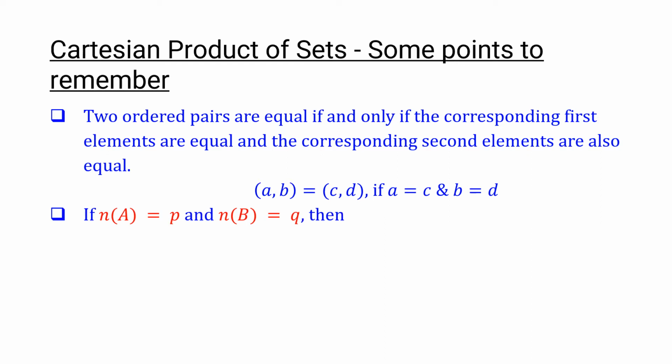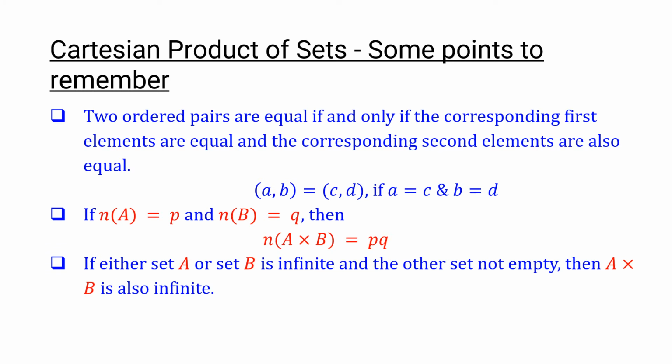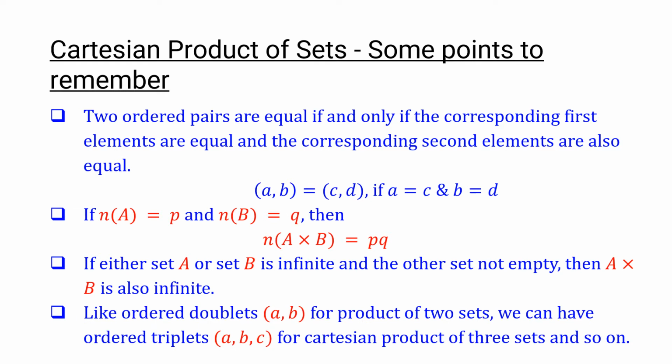Further, if the number of elements in set A is p and the number of elements in set B is q, then the number of elements in the Cartesian product of A and B is p times q. Further, if either set A or set B is infinite and the other set is not empty, then their Cartesian product is also infinite. Lastly, like ordered doublets (a, b) for the product of two sets, we can have ordered triplets (a, b, c) for the Cartesian product of three sets and so on.